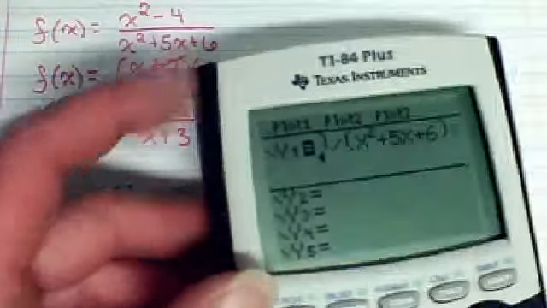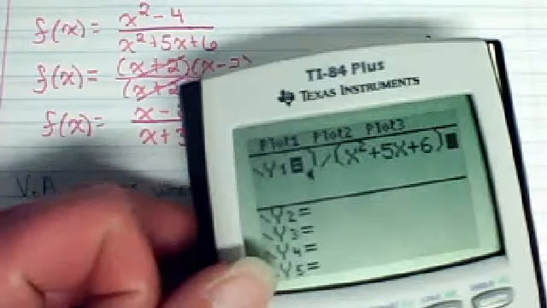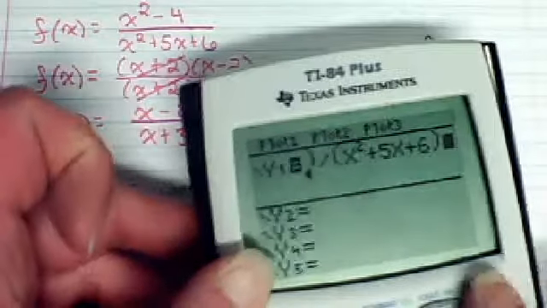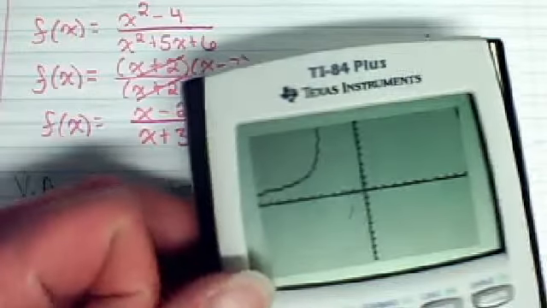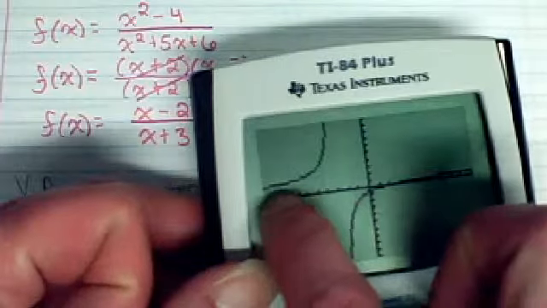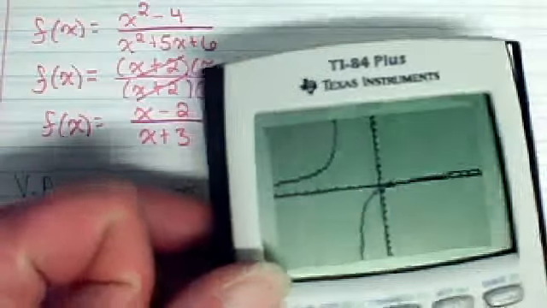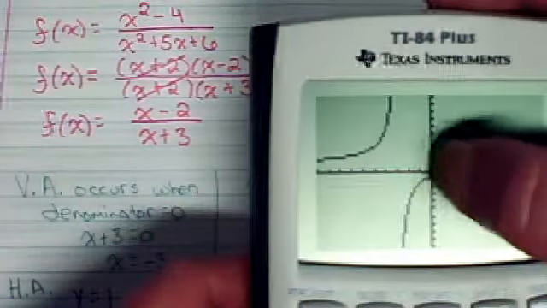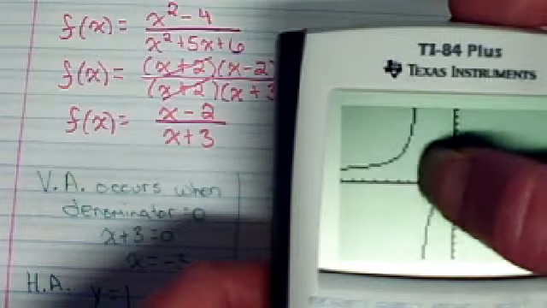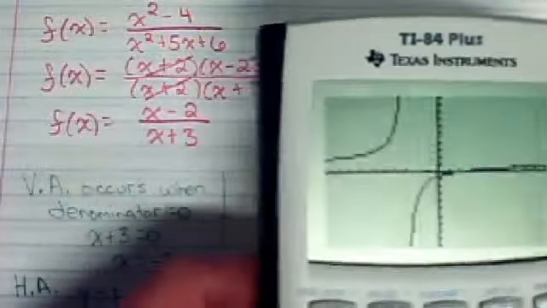And notice I put the numerator and the denominator in parentheses. And I'm going to look at the graph. Notice that we have this horizontal asymptote when y is 1. Notice the vertical asymptote at x equals negative 3. If I drew an imaginary line, it would separate those two branches.